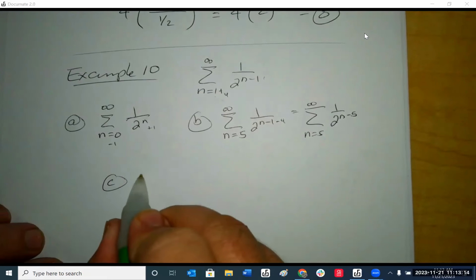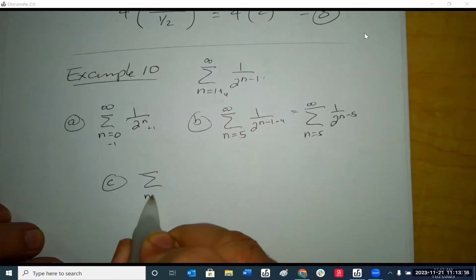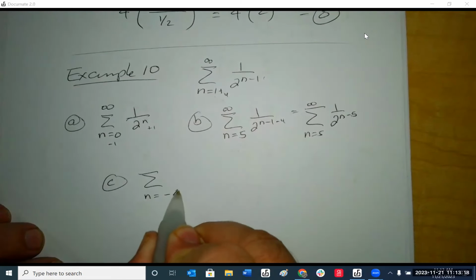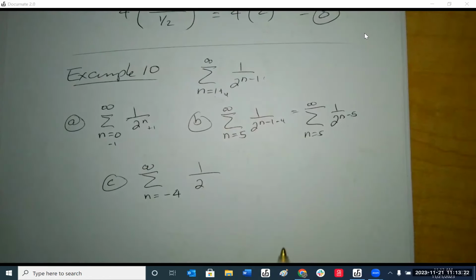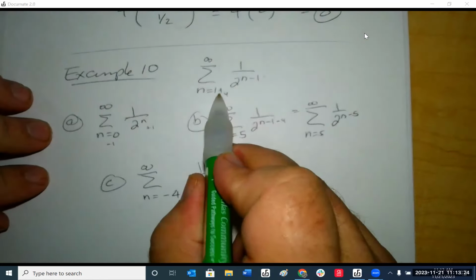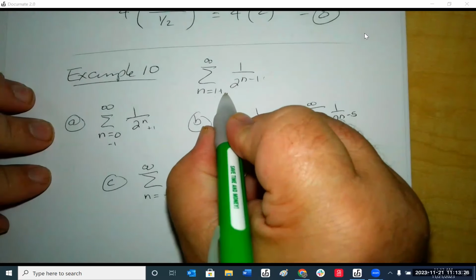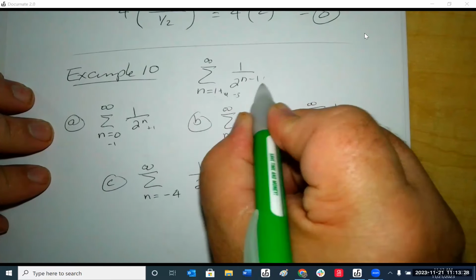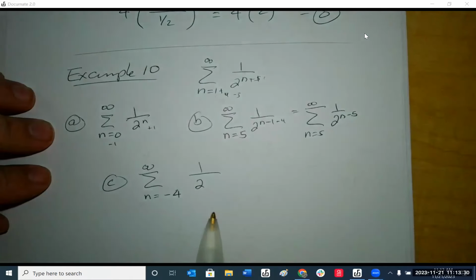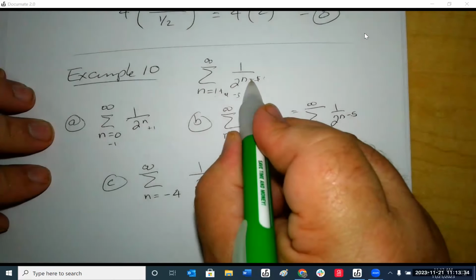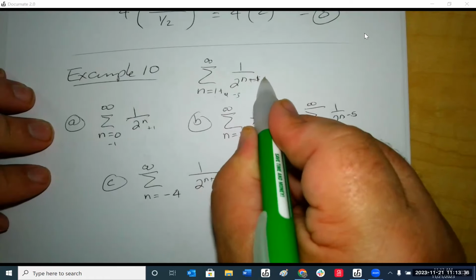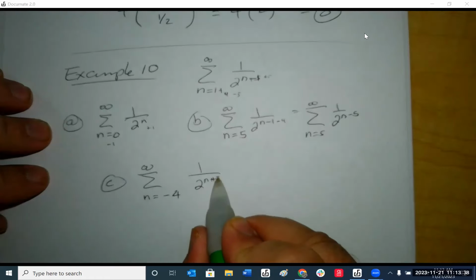And the last one, I want to go to negative 4. So from 1 to go to negative 4, I subtracted 5 here, so I have to add 5 here. So n minus 1 plus 5 is n plus 4.